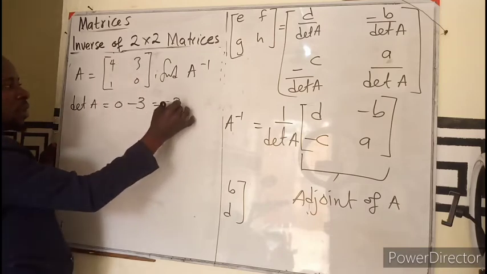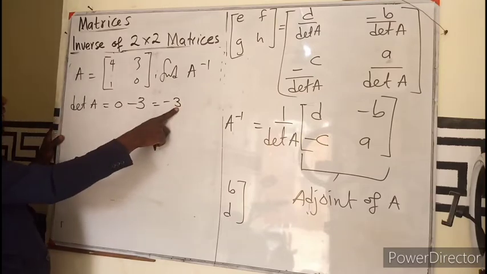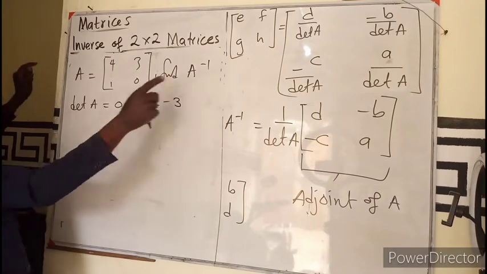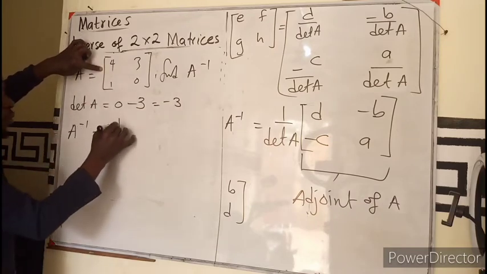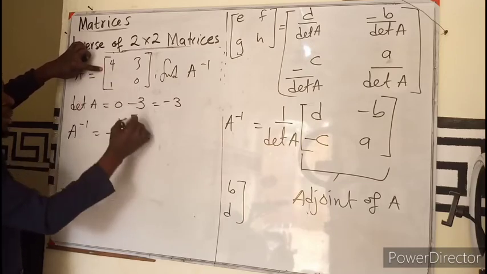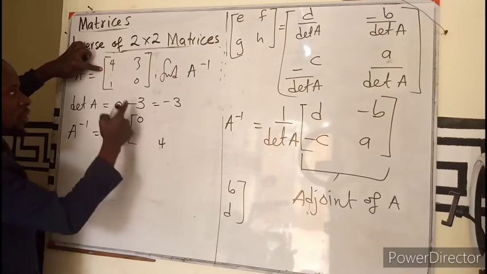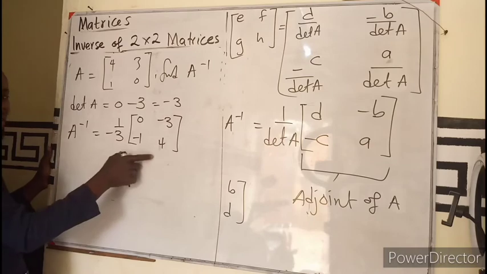So I have minus 3, right? Okay. So if that is out of the way, I need to find the inverse of this to be 1 over minus 3 multiplying the swapped positions. Negative 1, negative 3. So this is the inverse.